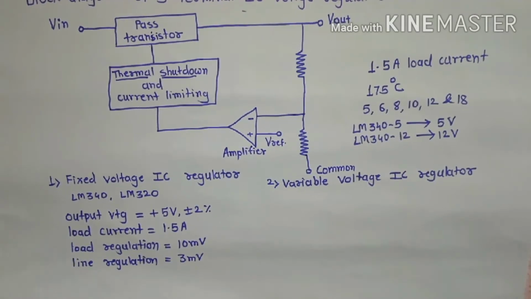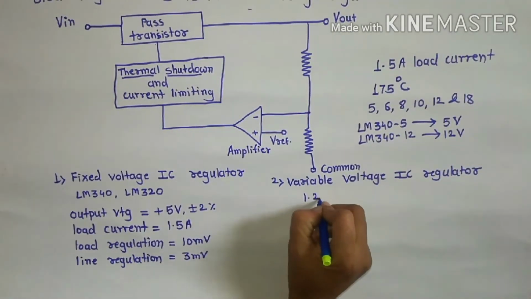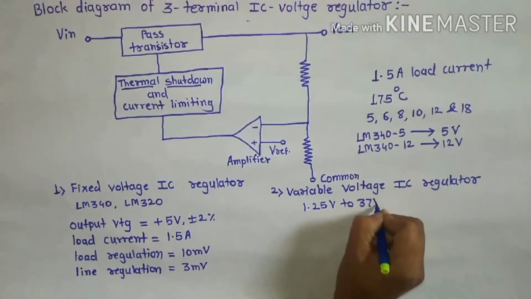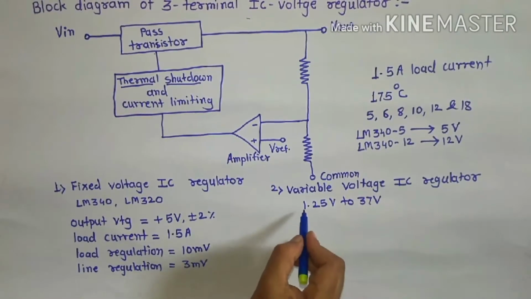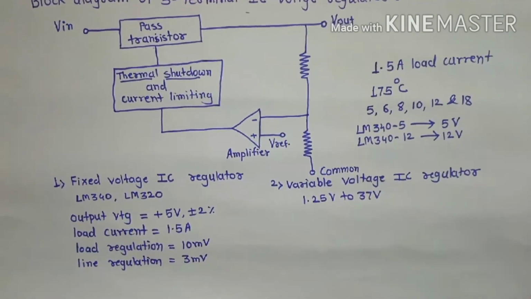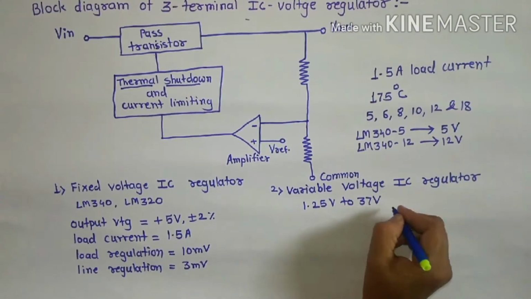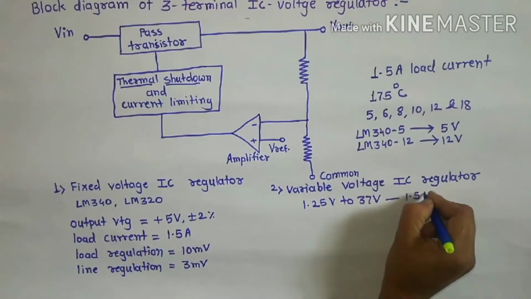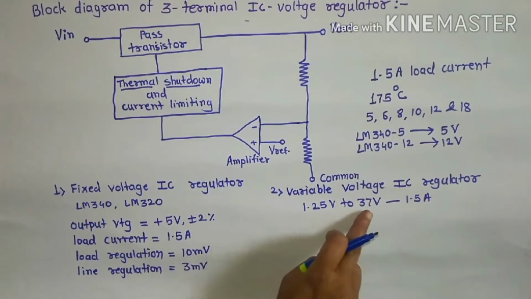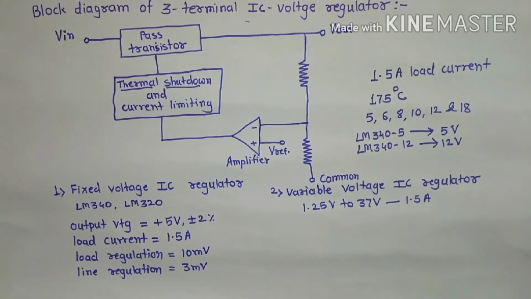The voltage range is between 1.25 volt and 37 volt, and it gives a maximum load current of 1.5 ampere. The voltage can be adjusted between 1.25 volt and 37 volt.